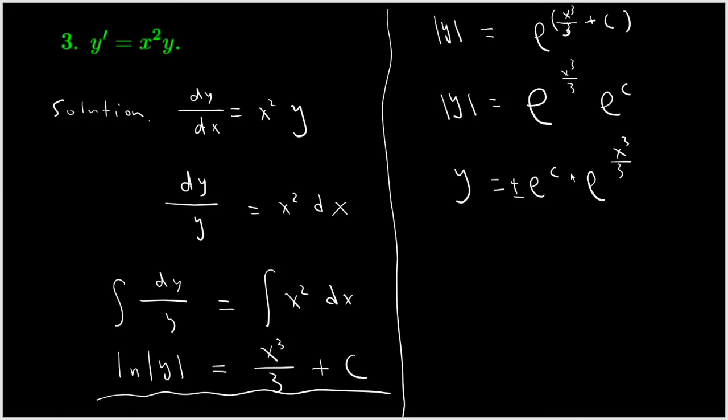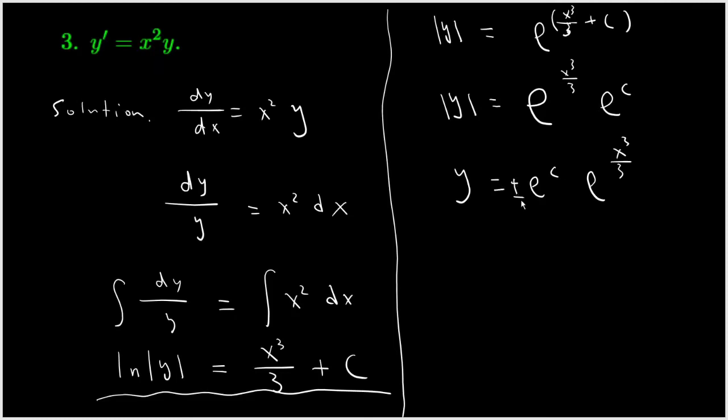Now c is an arbitrary constant, and e to the power of c is an arbitrary positive number. Let me repeat, carefully. c is an arbitrary constant, so e to the power of c is an arbitrary positive number. e to the power of c is always positive, right?